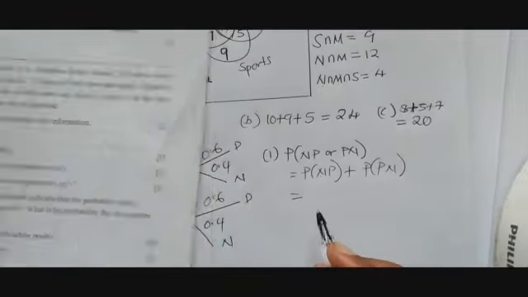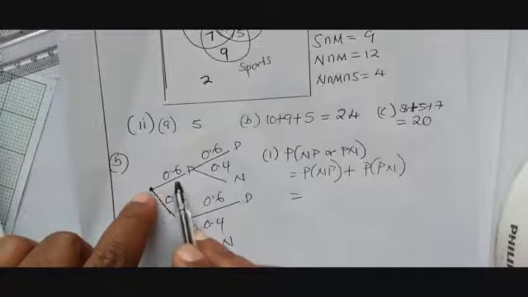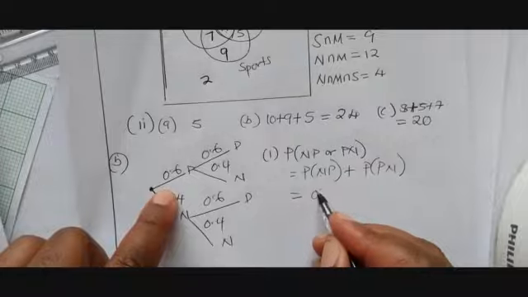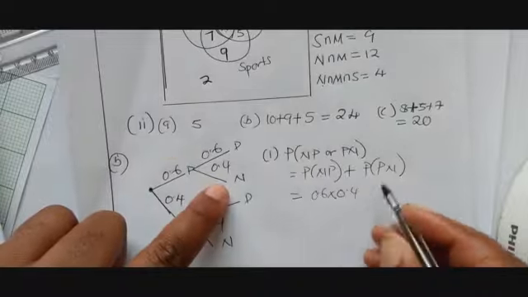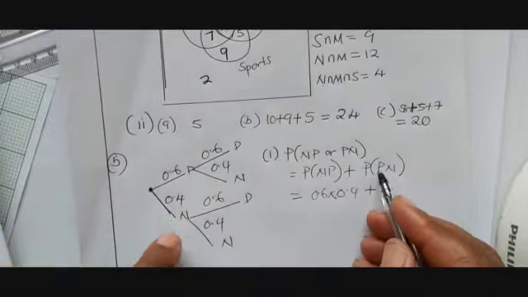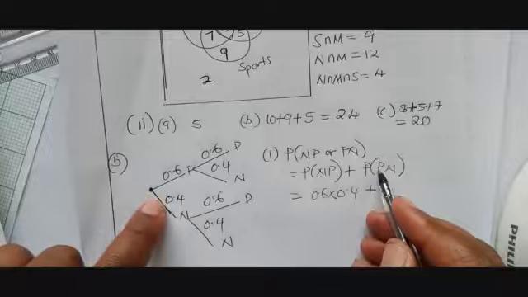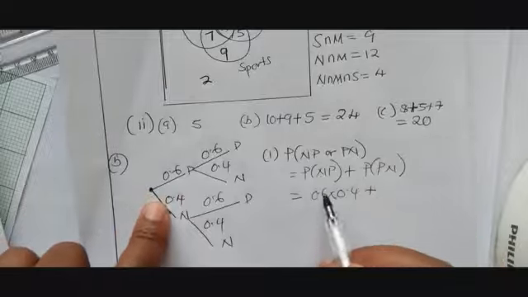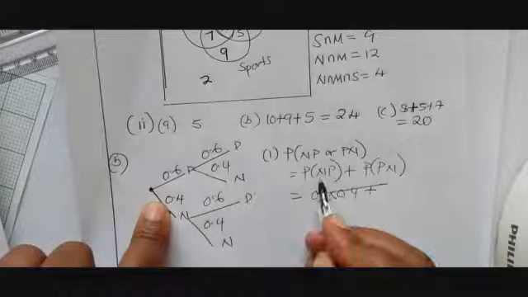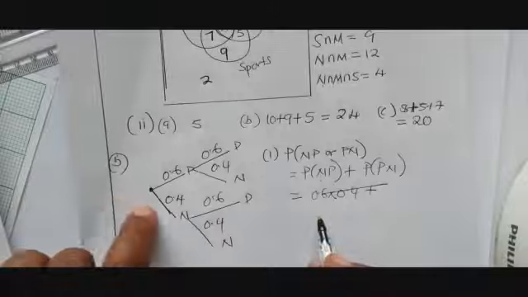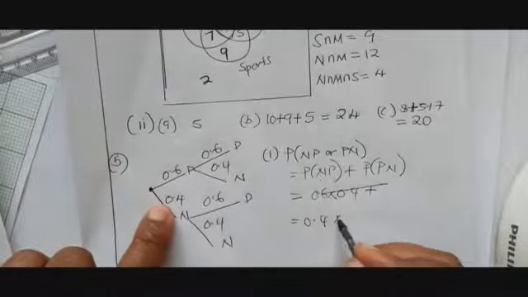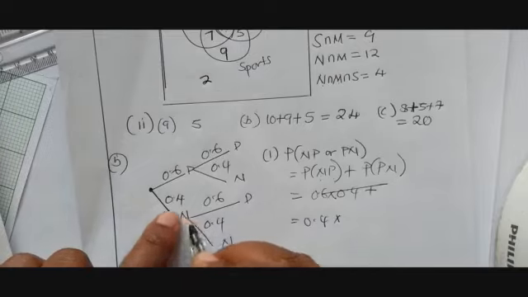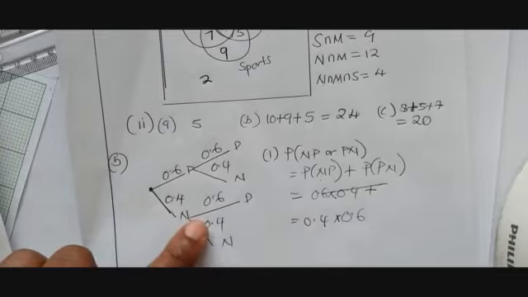So you can come here. What's the probability that a patient will test positive? 0.6 times. What's the probability that they'll test negative? 0.4. Plus, take note here, they are saying negative or positive. So the probability that a patient tested negative is 0.4, by the probability that a patient tested positive, 0.6.